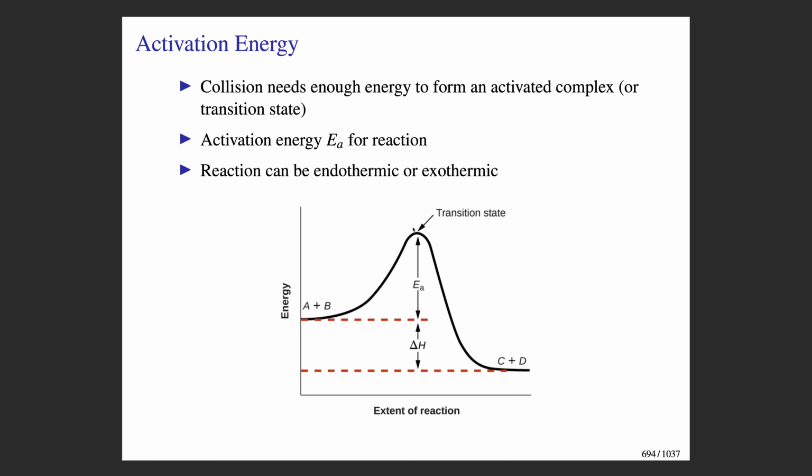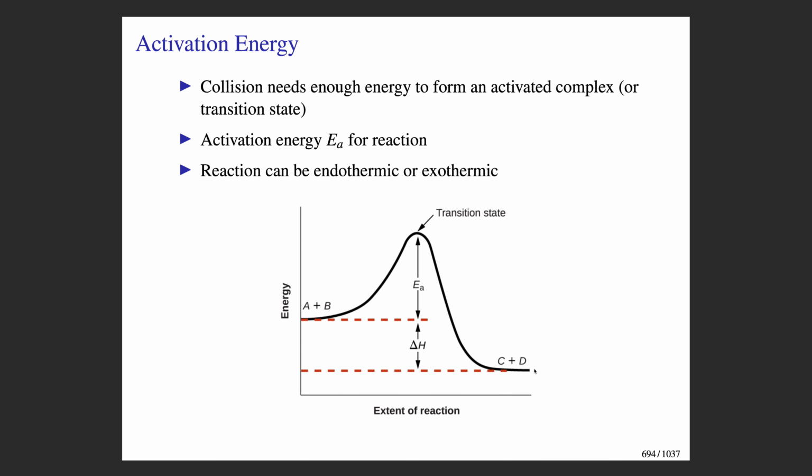Once reached, if there's enough energy left over, there's a good chance that it will fall apart and form the products. It can also go up and then come back down, so it depends on that particular collision. But there's a minimum amount of energy needed in order to exceed this transition state barrier, and that's what we call the activation energy.